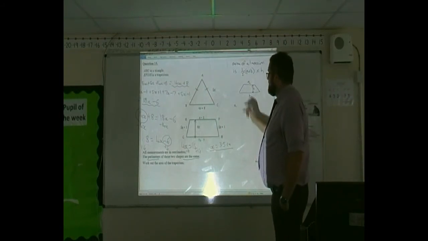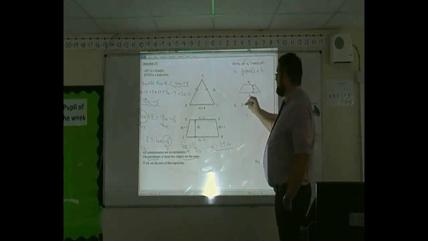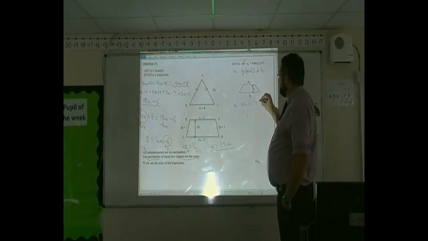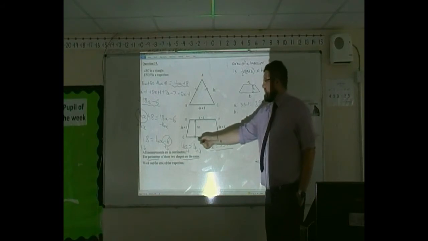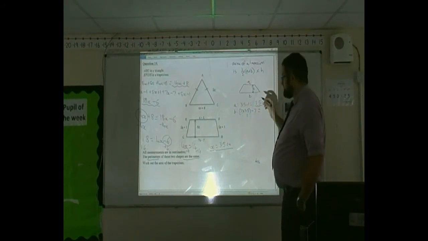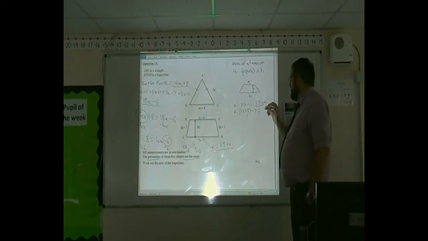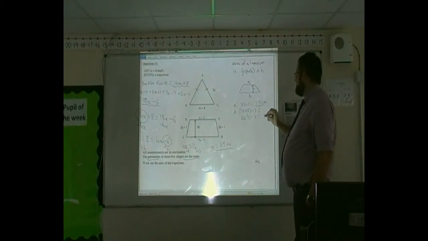So, just to show you the lengths, we've got a as the top here, which is x minus 1, which is 3.5, take away 1, which is 2.5 centimetres. b, we're told, is 7x minus 7, so that's 7 lots of 3.5, take away 7, which is, well, 7 lots of 3 is 21, 7 lots of a half is 3.5, that's 24.5 minus 7, which leaves you with 17.5 centimetres.